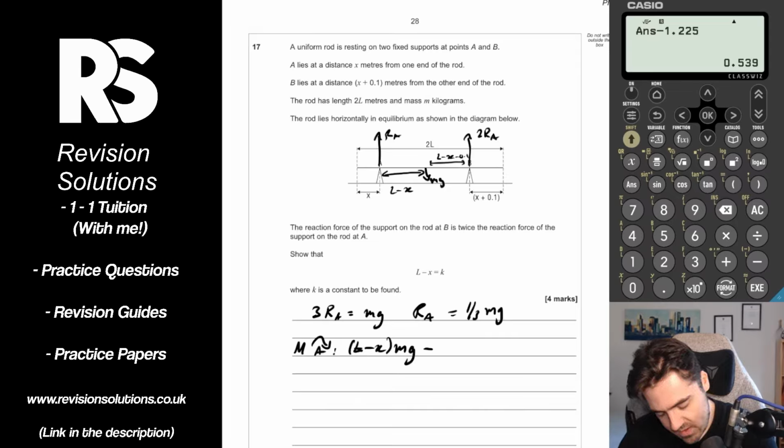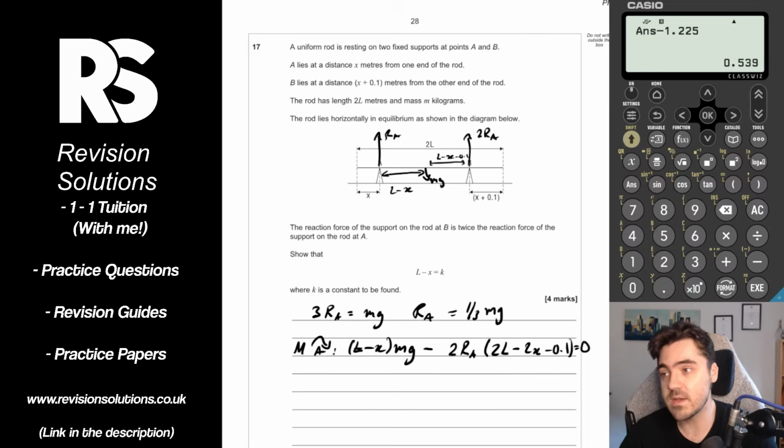And then if I take away the counterclockwise moment of the 2RA, so that would be 2RA, well, the full length is 2L, so we need to take away the x and the x plus 0.1, so 2L minus the 2x and minus the 0.1, and then the clockwise minus the anti-clockwise must equal 0 if we're in equilibrium. That's the same as saying the clockwise equals the anti-clockwise, if you want to think of it that way.